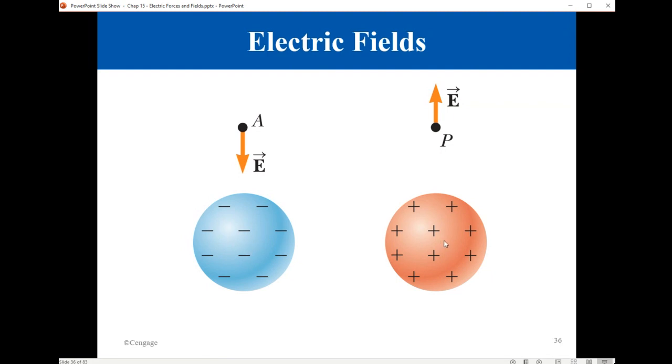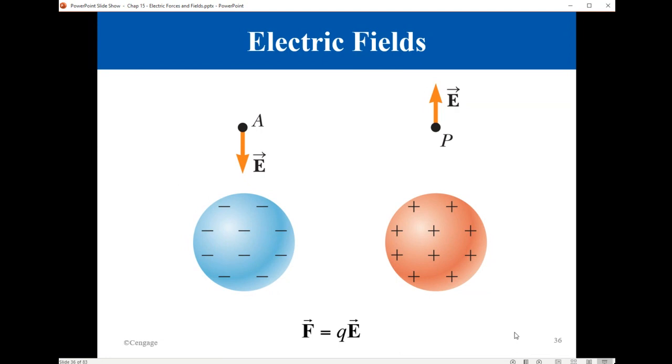And for this one, again, because of symmetry, we expect electric field lines to be going outward radially in all directions, originating from the center of the sphere and going outward. Because of that, sometimes we call the negative charge a sink and the positive charge a source. A source, because as if it's a source of light, it radiates outward. Sink, it sucks the field lines inward toward the center.